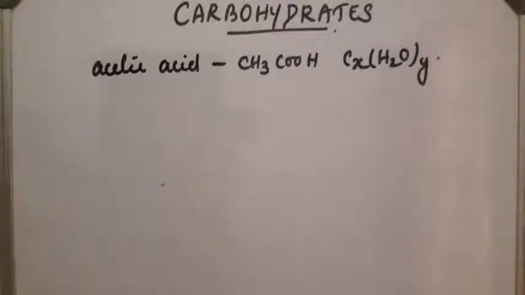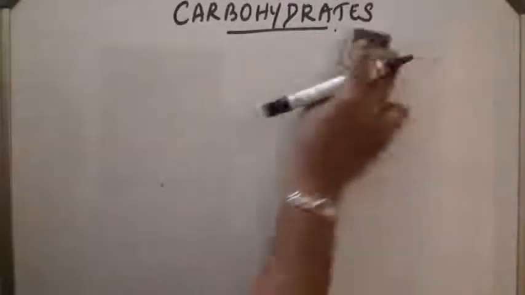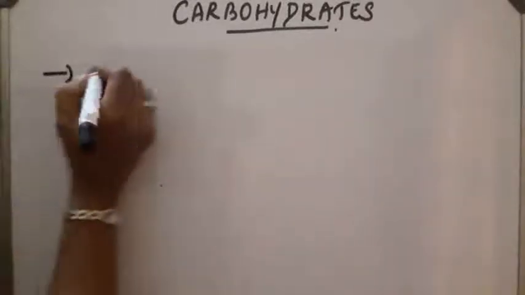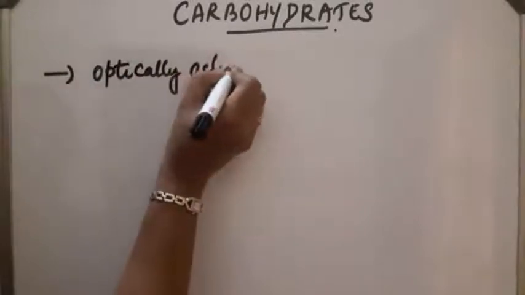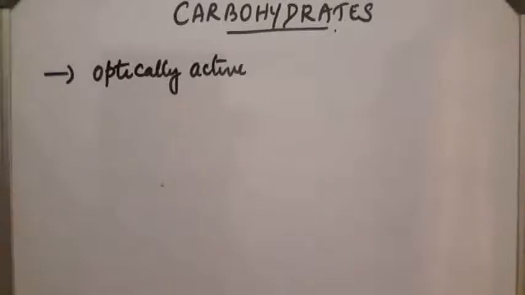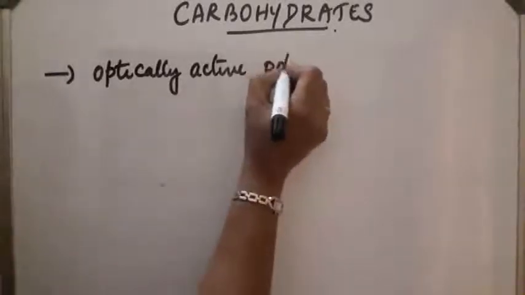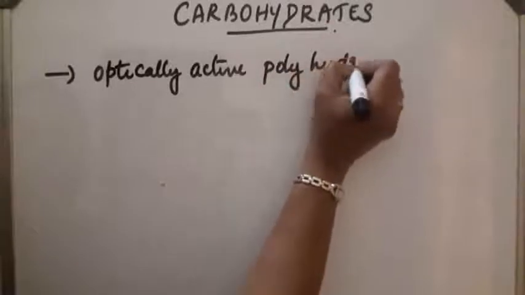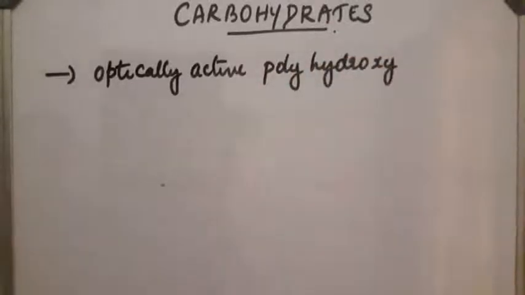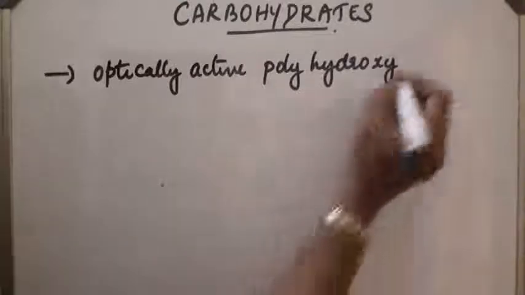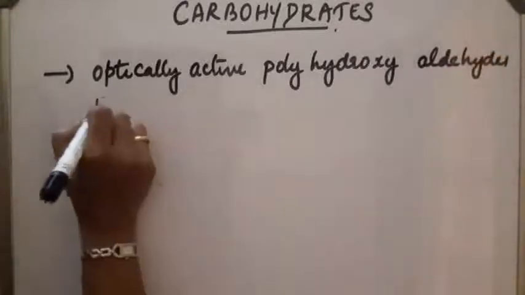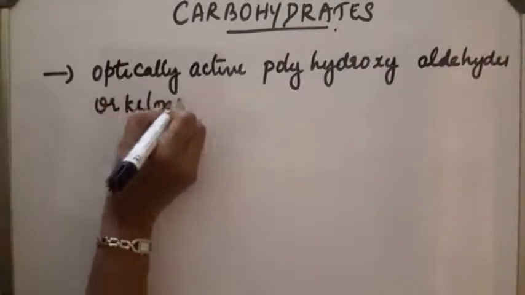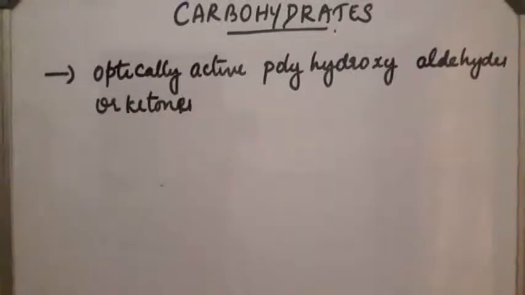So we can explain carbohydrates as optically active polyhydroxy aldehydes or ketones. Polyhydroxy means they contain more than one OH group. Aldehydes contain CHO groups and ketones contain carbonyl groups.